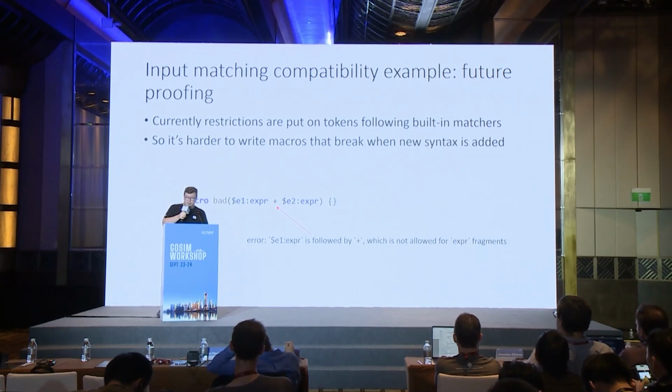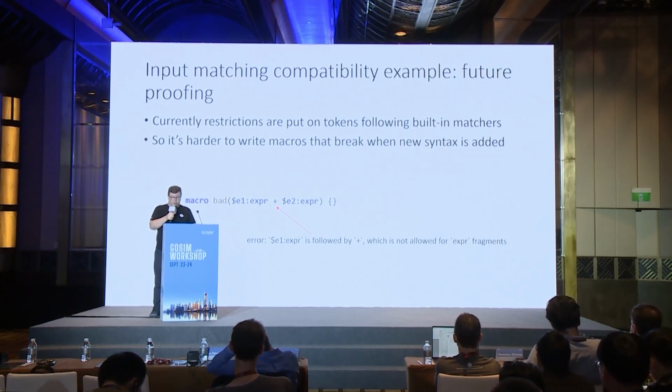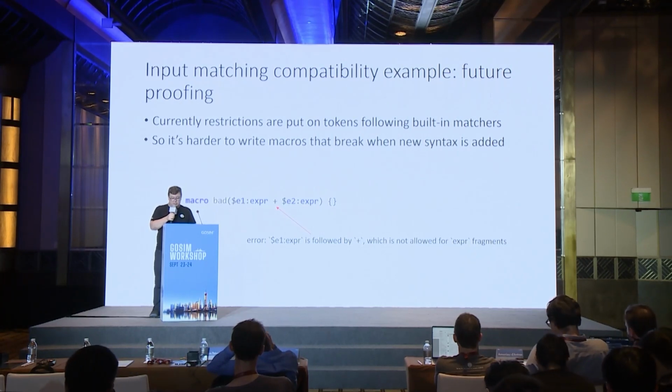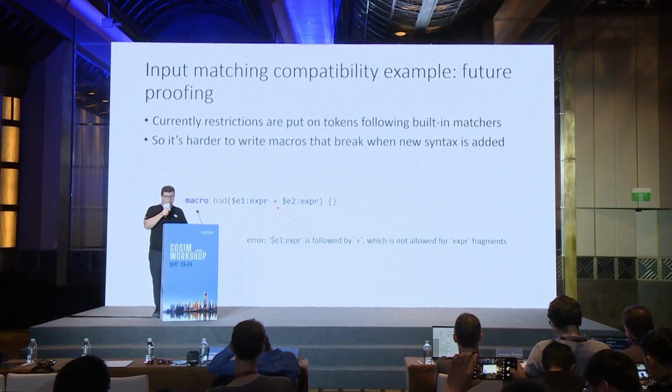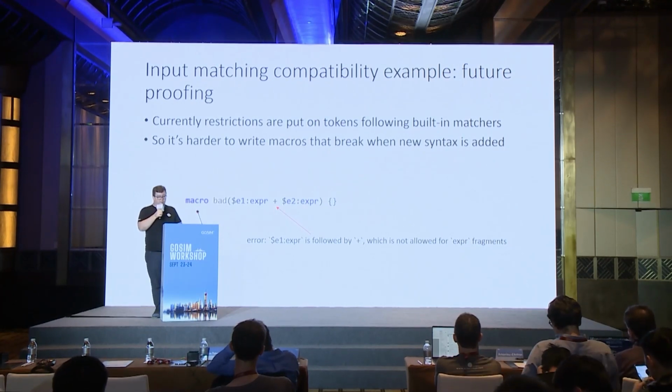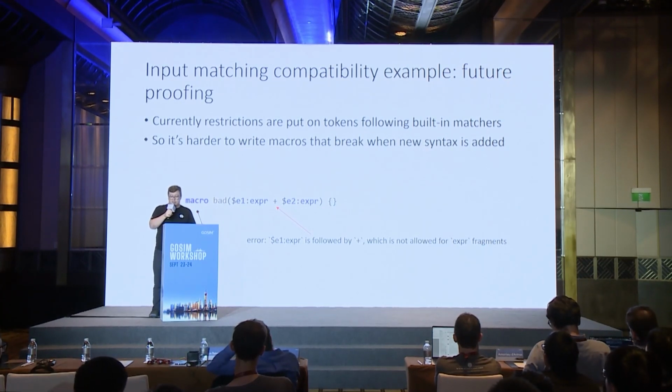Currently, this future compatibility is addressed by some following token restrictions. For example, expressions can contain plus signs. So we prohibit expression matchers from being followed by plus signs.